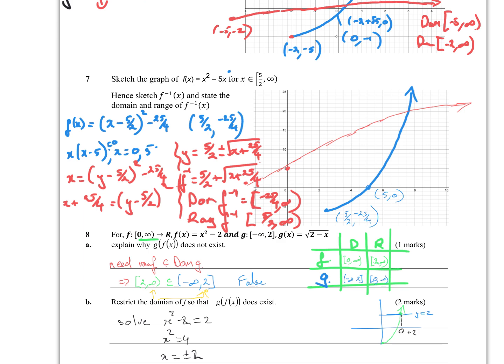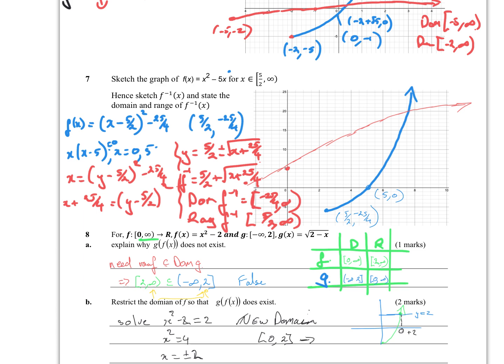So that means the new domain will need to be from, well, positive 2 is the biggest number. So 0 is okay to positive 2, and that will give me a domain. Sorry, that gives me a range then.